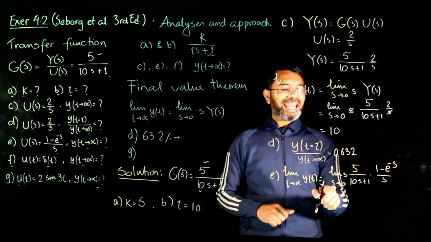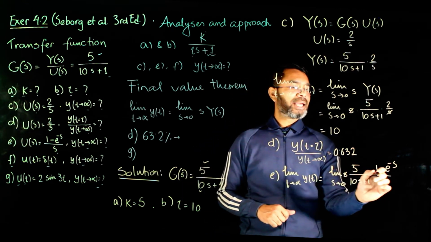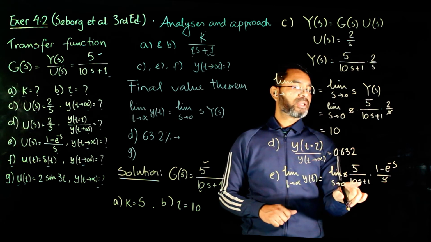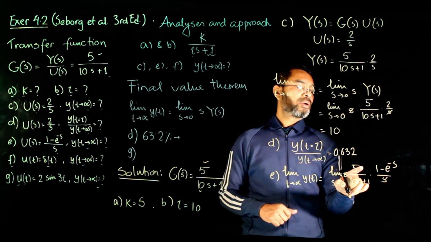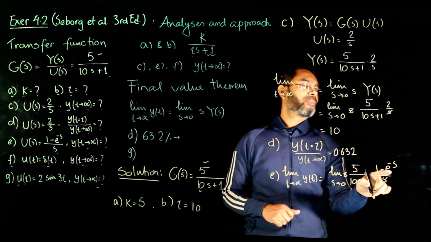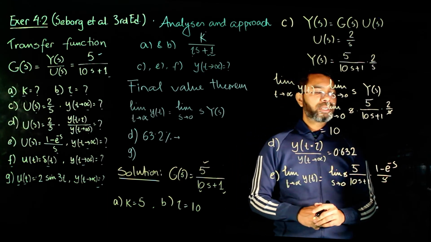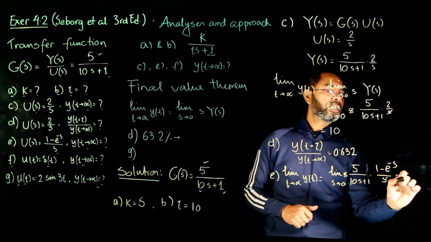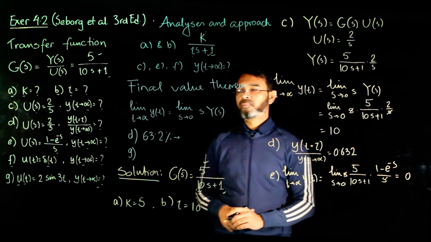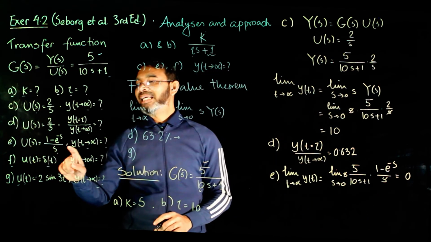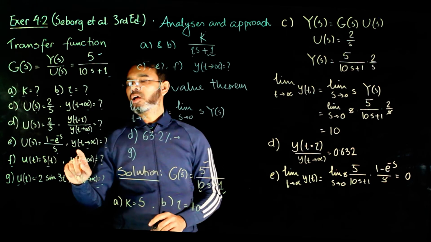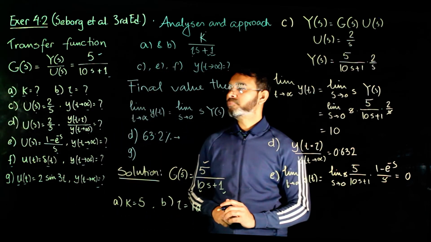If you plug in s equals 0, this s and s gets cancelled out. S equals 0, this will be 0 plus 1, so this 5, and this part will be 1 minus e to the power 0, which is 0. So we'll have the value to be 0. So for part E, when t goes to infinity, the value of the output is 0.